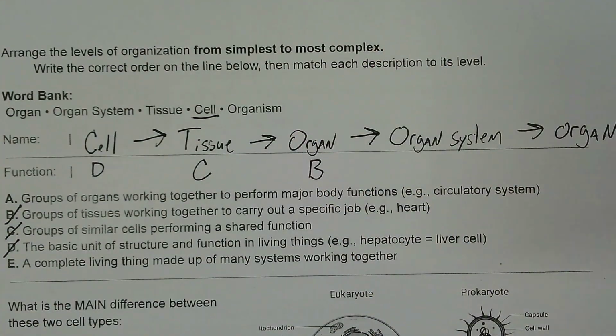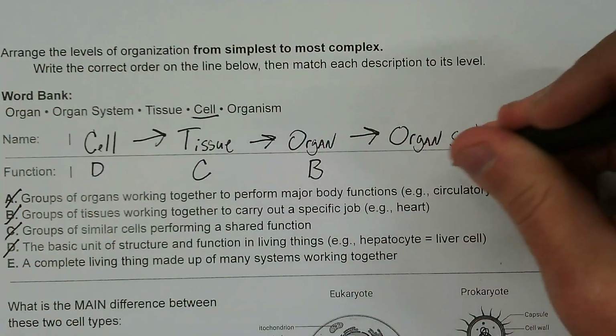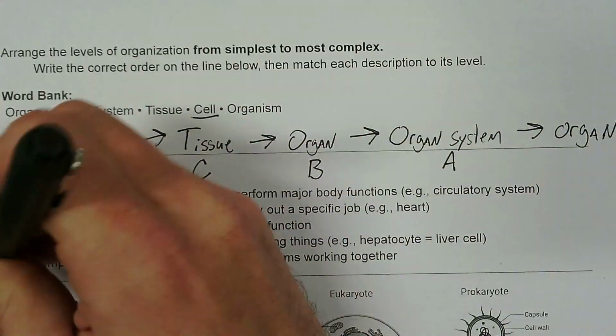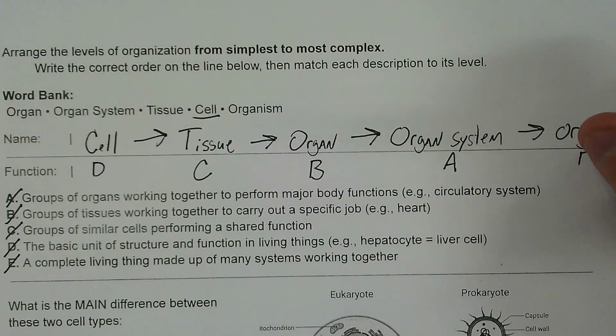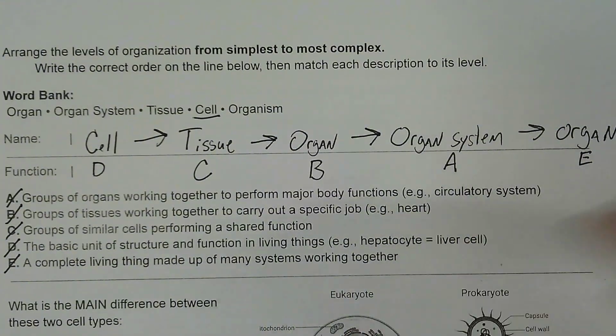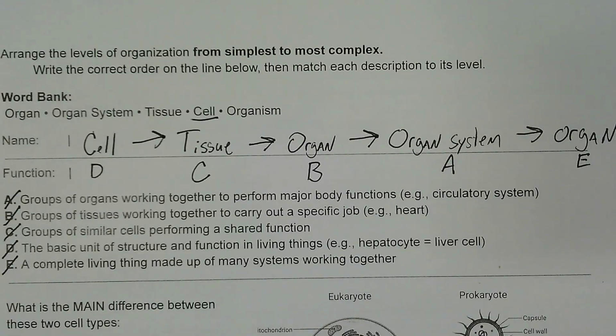Organ system, I mean, this is pretty repetitive, right? And E, complete living thing made up of many systems working together. So, pretty straightforward. You all did really well on the last test with that, like 90-something%. Cells make tissues, tissues make organs, organs make organ systems make organisms.